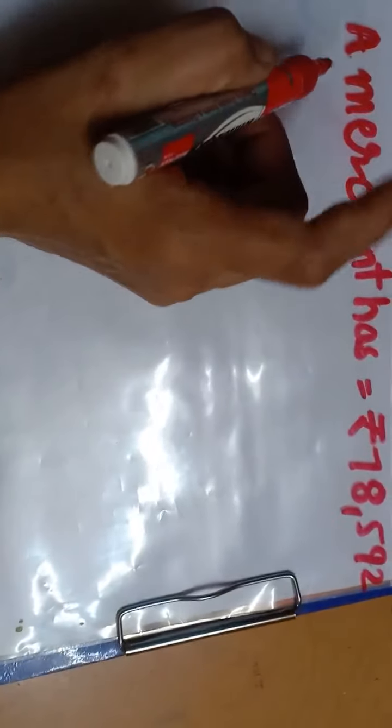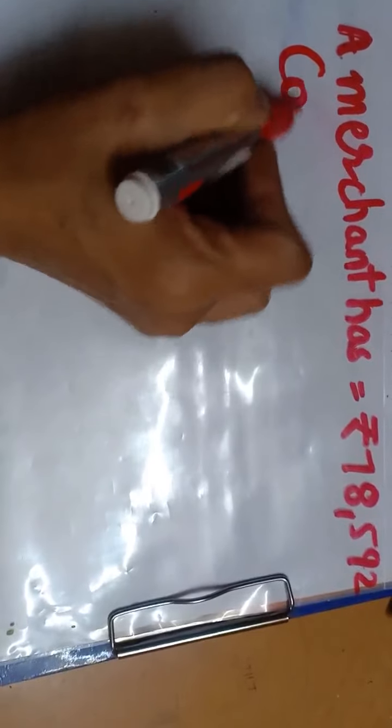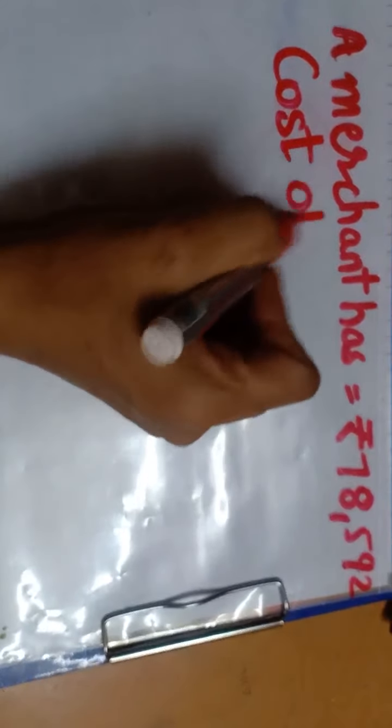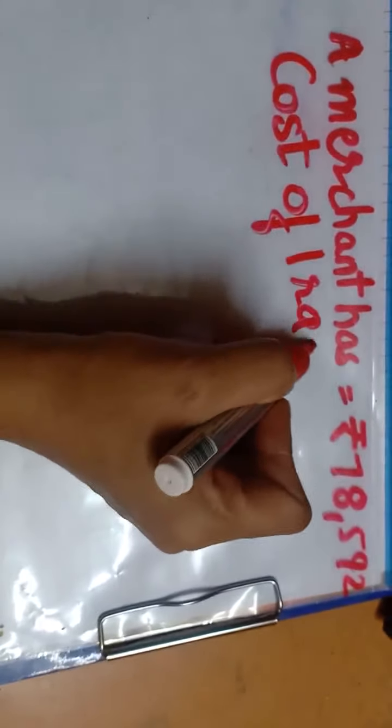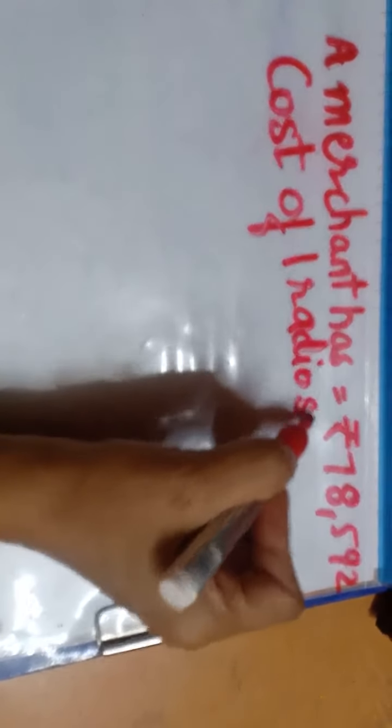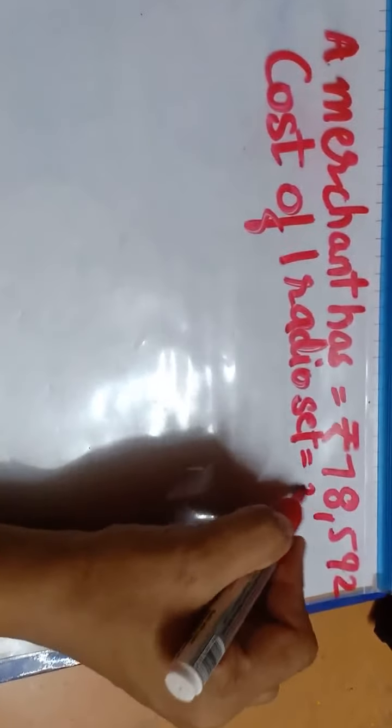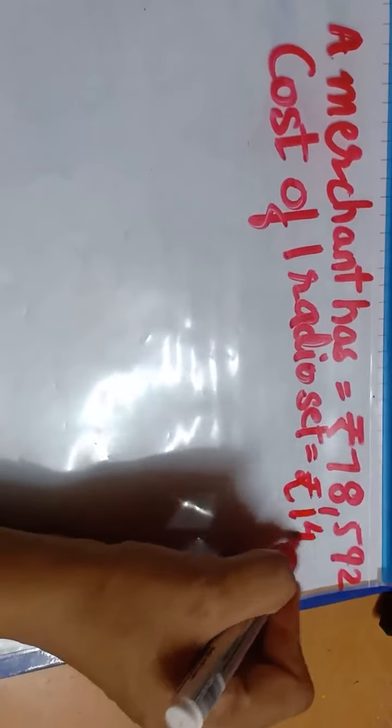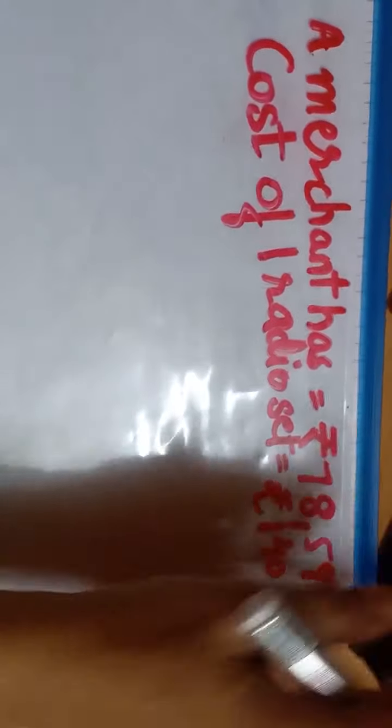So that is the cost of one radio set. Now let us write cost of one radio set. That is rupees 1400, sorry, not 1400, it is 1200.